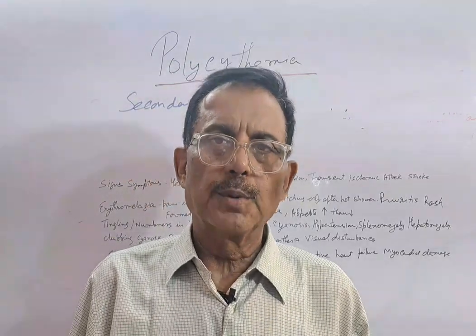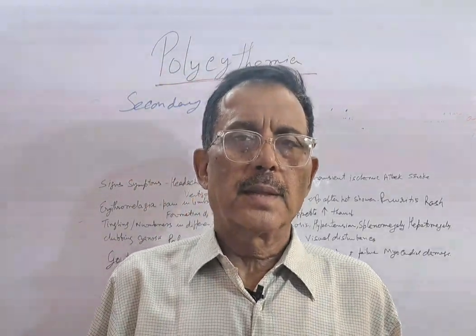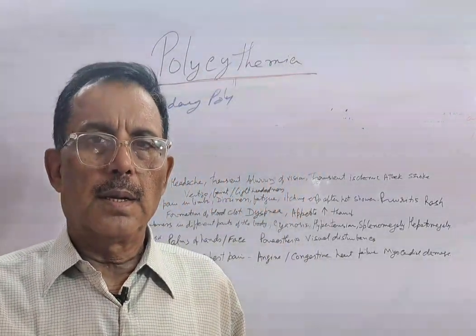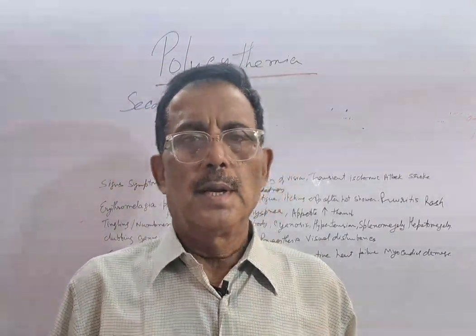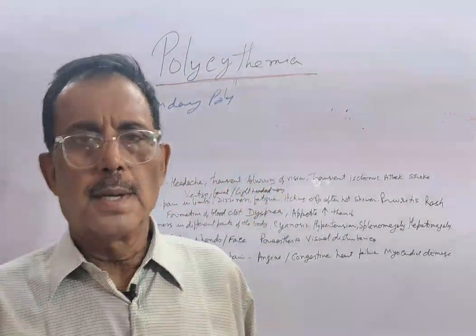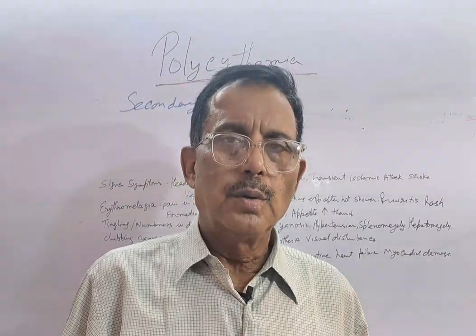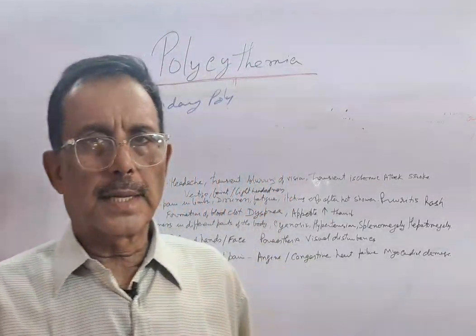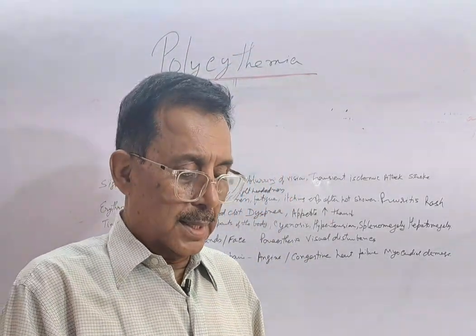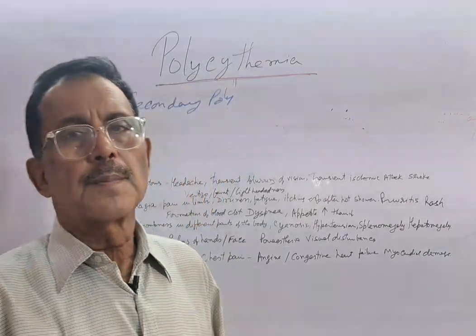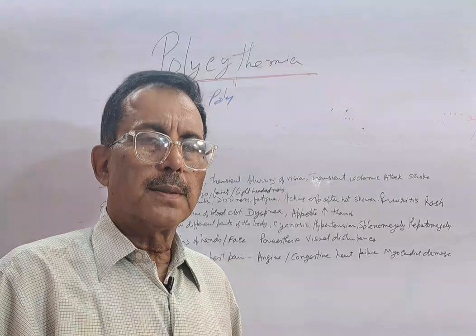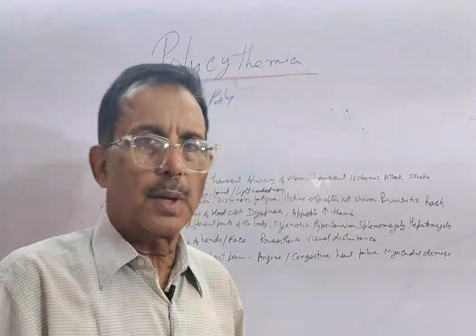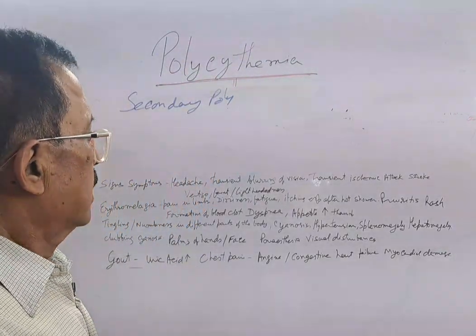Then some genetic mutation that causes inability of the body to sense oxygen level. Oxygen dissociation curve is disturbed, and this leads to secondary polycythemia. Then smoking, certain types of hemoglobin, methemoglobin, etc. cause secondary polycythemia. These are the causes.